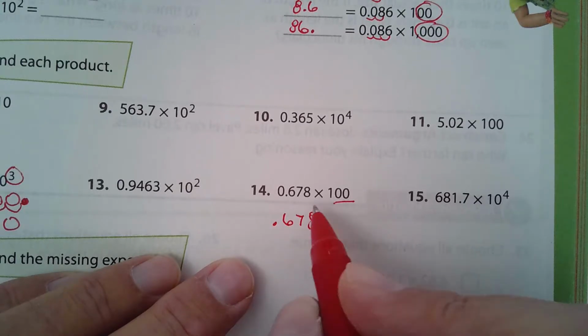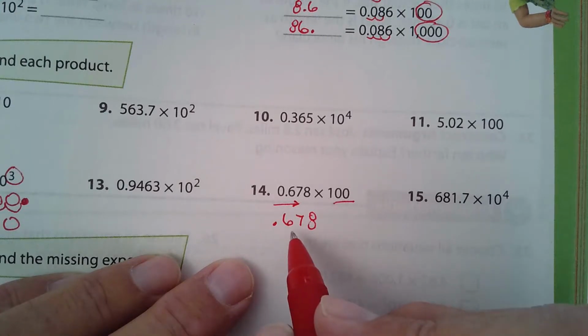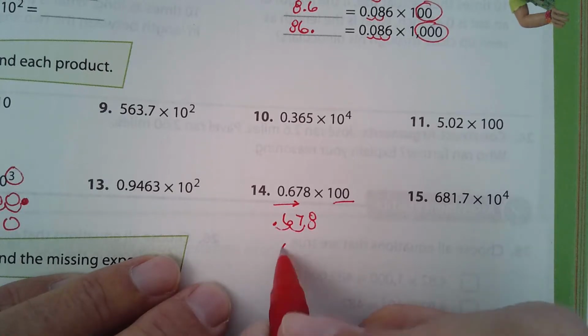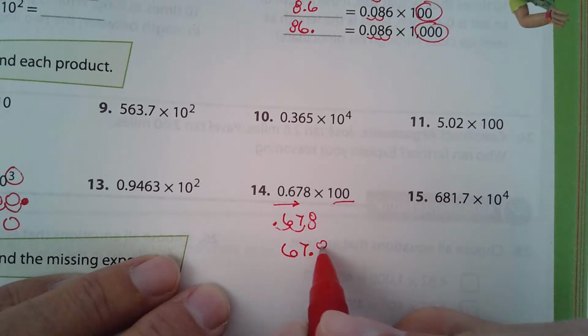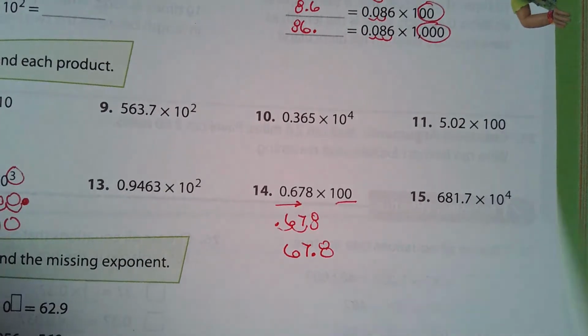Yeah, we're going to the right. Okay. Where's the decimal end up? Okay, so 1, 2, that's right. So this becomes 67.8. All right. Next page.